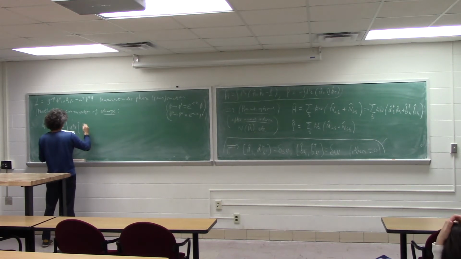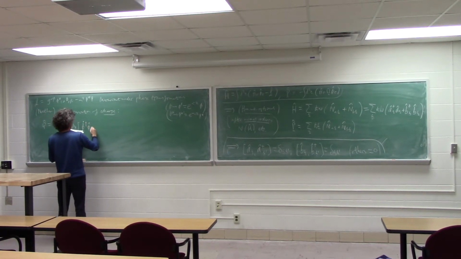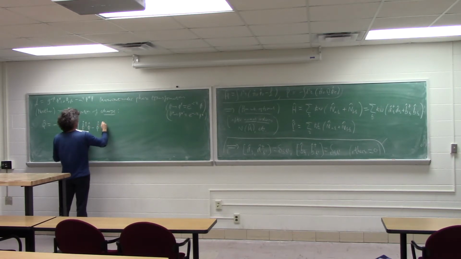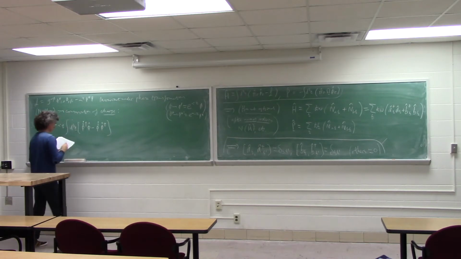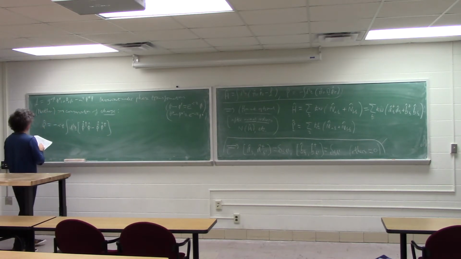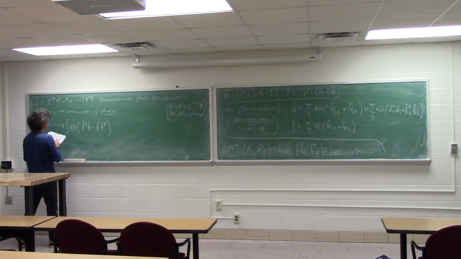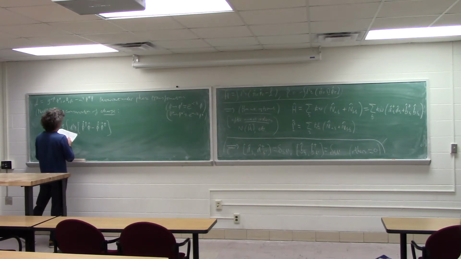We have phi hat dot dagger, phi hat, minus phi hat dot, phi hat dagger. So minus iQ, integral over all space, phi dot dagger phi minus phi dot phi dagger.